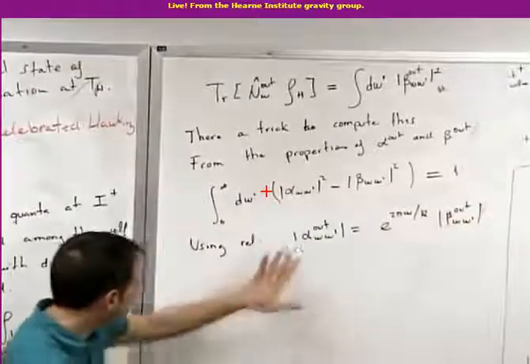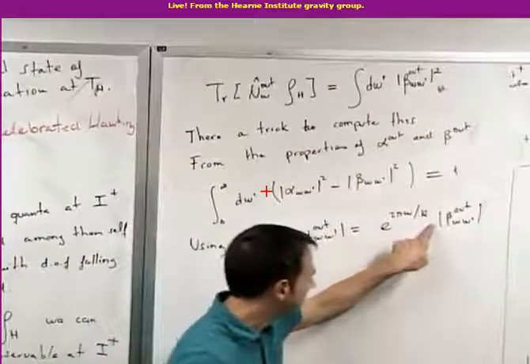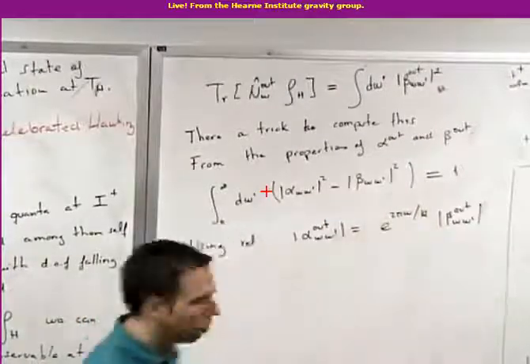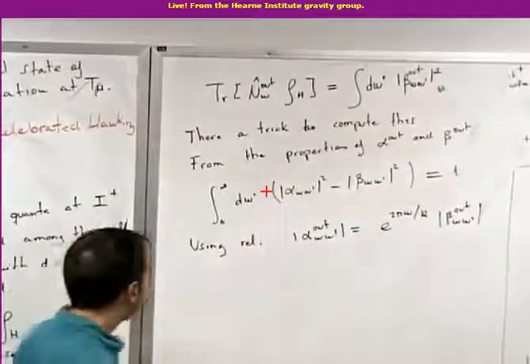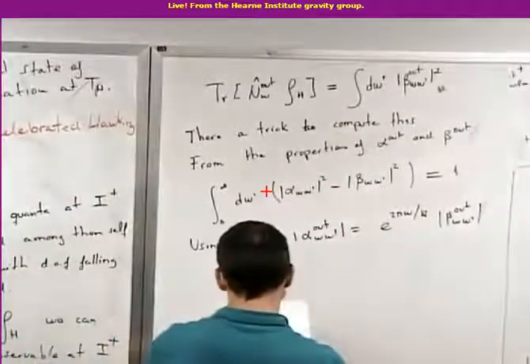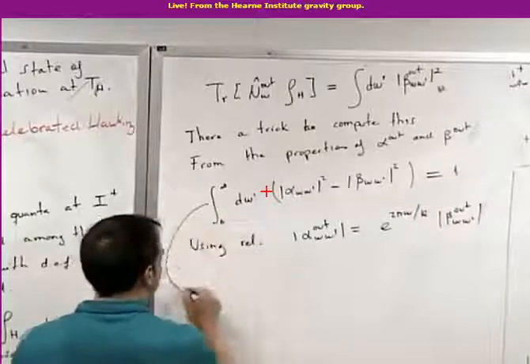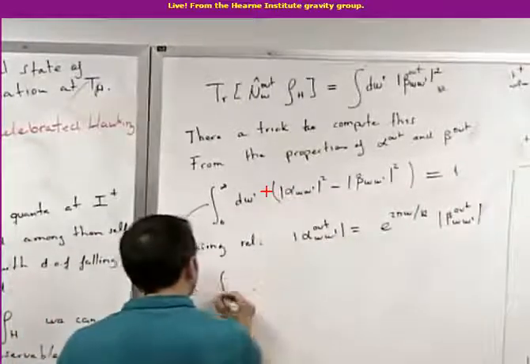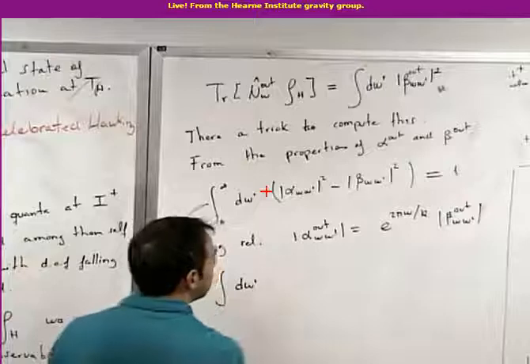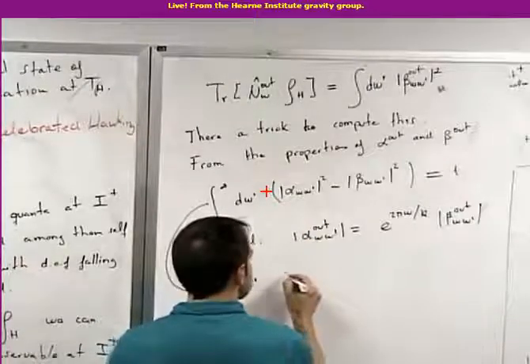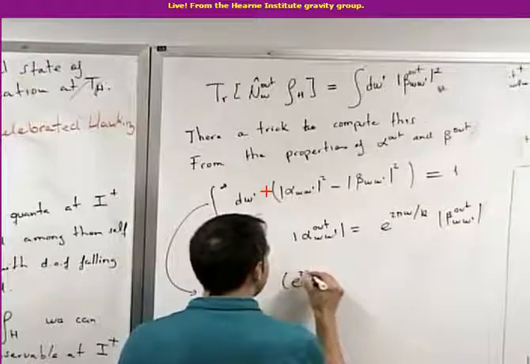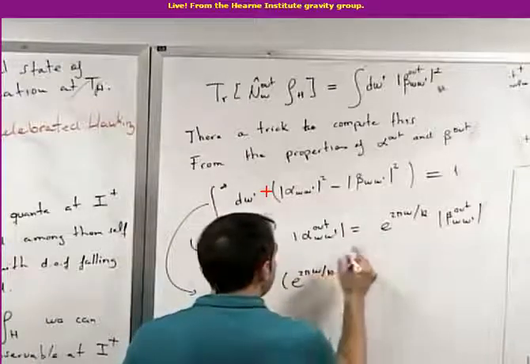In what I wrote, I didn't have absolute values, but I had here a phase. So if you take absolute values, the phase goes away. With these two expressions, it is trivial to compute what we need, because just using that, we obtain that this is going to be e to the 2 pi omega over kappa minus 1.